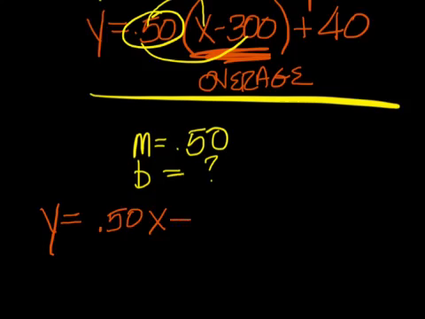Your y-intercept. Well, what is 0.5 times 300? 150? Yeah, so we'll have minus 150, and then we still have the 40 at the end. Now, can we graph this? No. What do we need to do next?